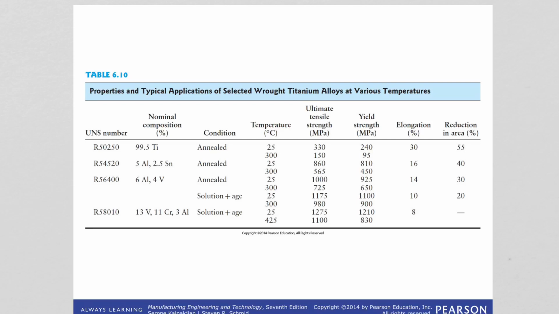Again, here we are given different types of titanium alloys. Their names and compositions are given, and how they are heat treated, annealed and age hardened, etc. And then we have the temperatures they can stand, and I think those are annealing temperatures.